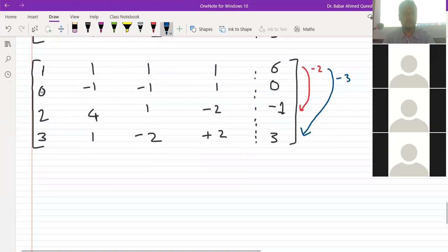Because it's already 0, I don't need to do anything. So what I'm doing is first picking this pivot. What does it mean? It means that I'm going to make everything below it 0, because the goal is to progressively bring it to the triangular form. The second row entry below it was already 0. I didn't have to do anything.